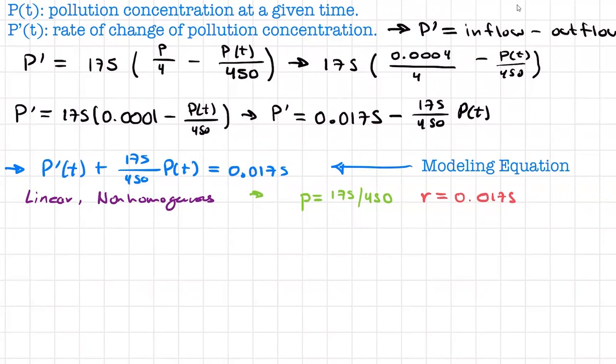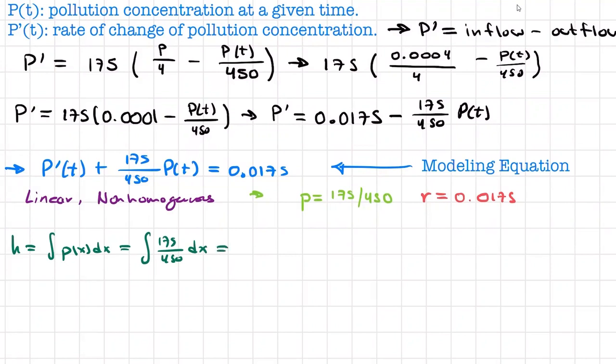So we know that we need to look for our h first. So h is equal to the integral of 175 over 450 dx. Let me write the formula just in case you haven't seen it. This is the integral of p(x) dx. If you don't understand where the formulas come from, you can watch the video that I made before explaining the linear non-homogeneous.